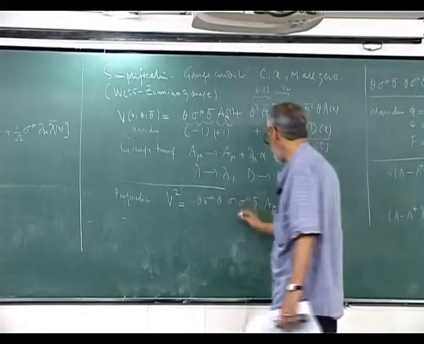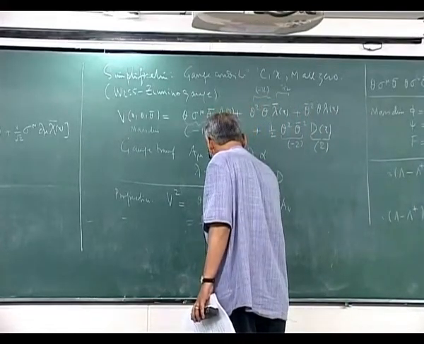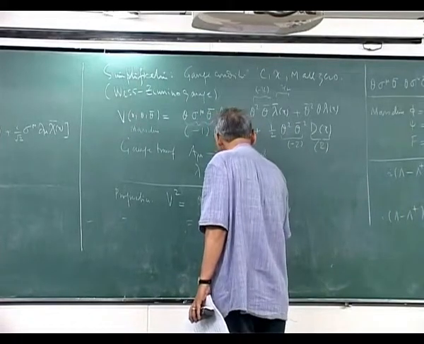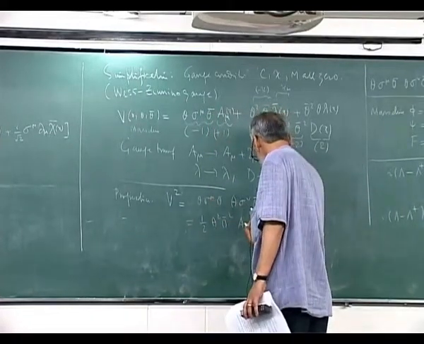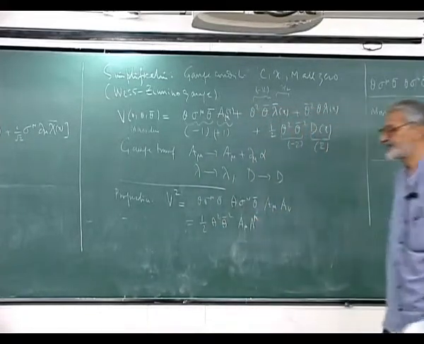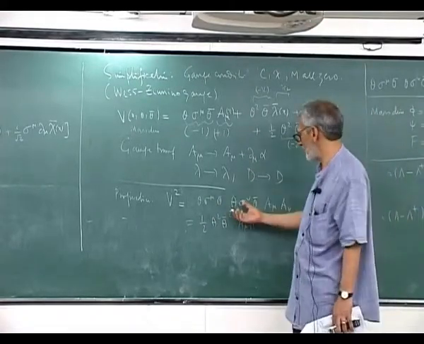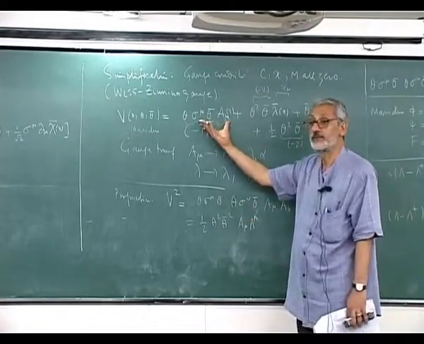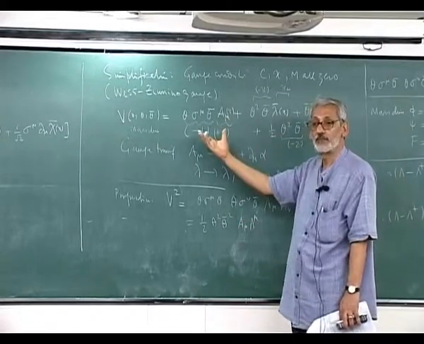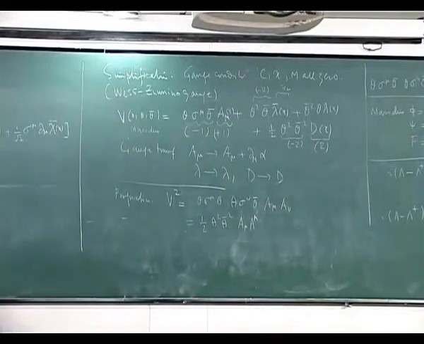And this object, by Fierz rearrangement we have already seen, is equal to half theta square theta bar square eta mu nu A mu A nu. Is that clear? That V square has only one term, which is the square of this. Every other term has too many thetas, which will make it 0.